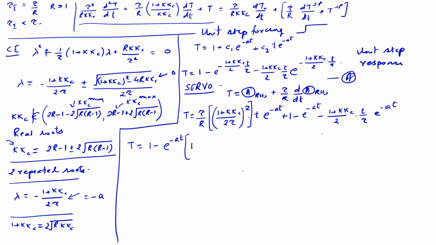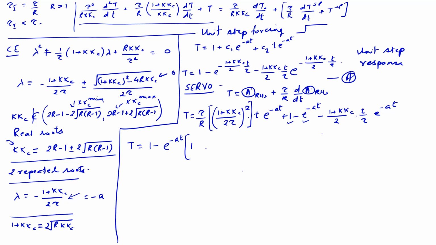So then I'll get 1 over here, that's corresponding to this term, so this one is done. Then take 1 plus KKC by 2 common and t by tau also common.